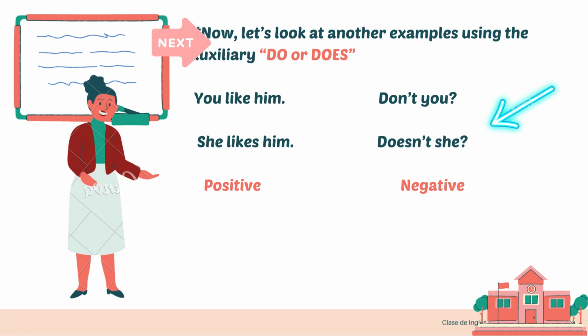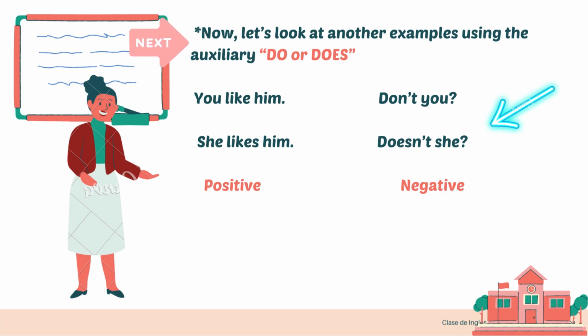Now, let's look at other examples using the auxiliary do or does. You like him, don't you? She likes him, doesn't she? So, observe these sentences. She likes him is positive, right? Doesn't she is negative.